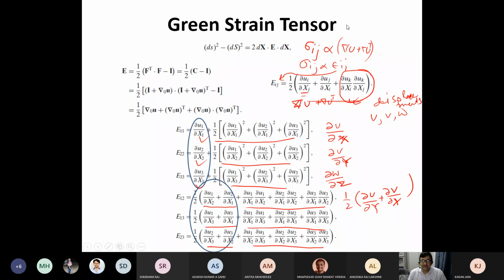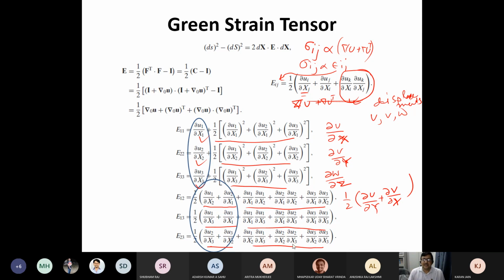And the Green strain tensor is the most generic strain tensor, which considers all the deformation. Whenever you are extending, shearing, or deforming, you have all the strains integrated into this.